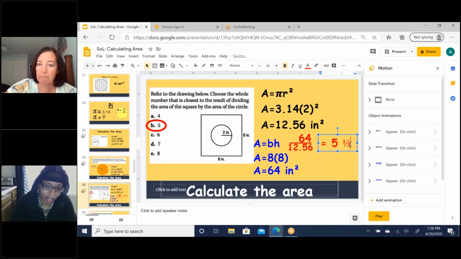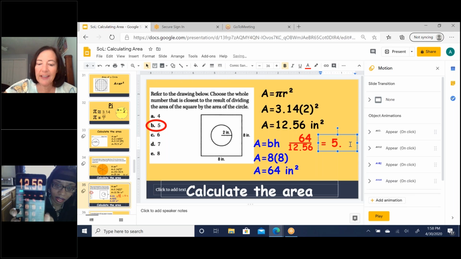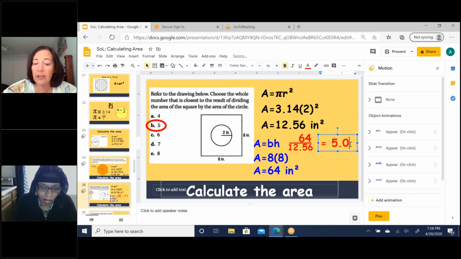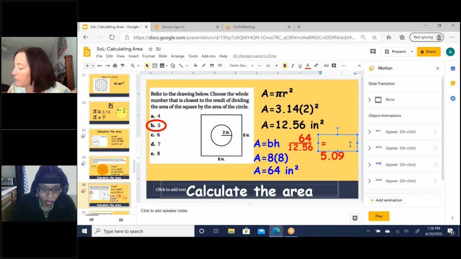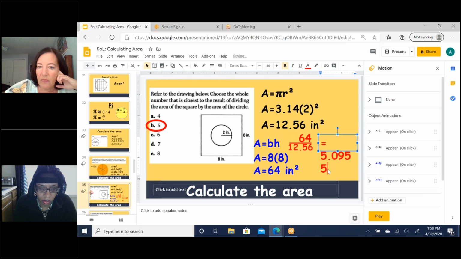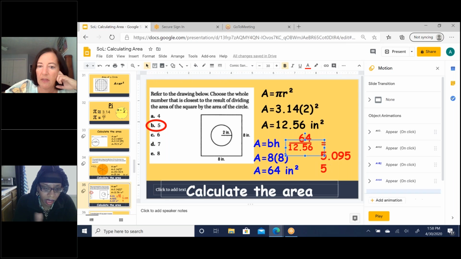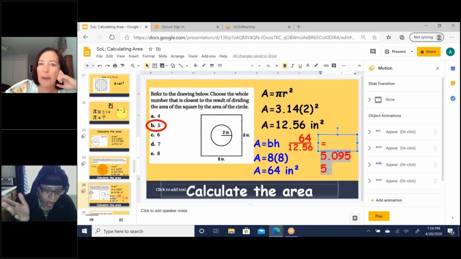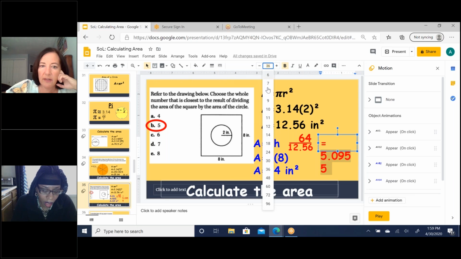Okay, did you get that one? Okay, perfect. So now the area of the square, did you get that one okay? Yeah, the 8 has 2 times the length and the width. So that, yeah, I got that. That was 64.